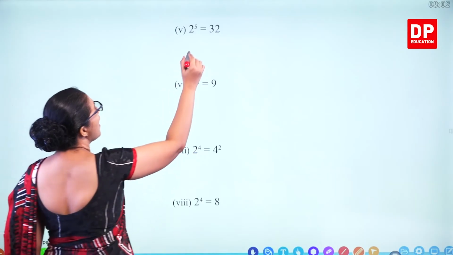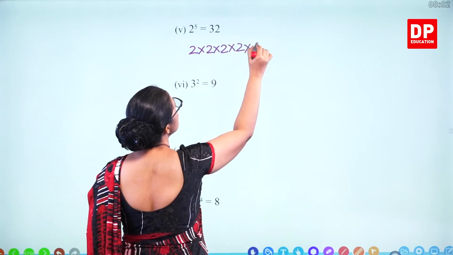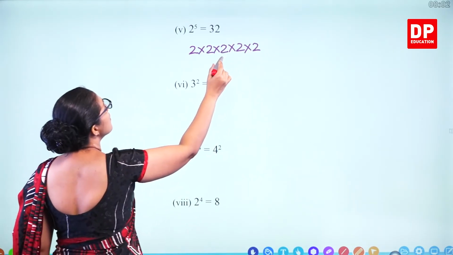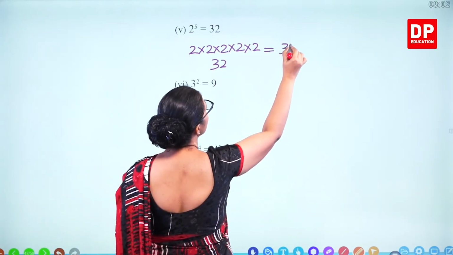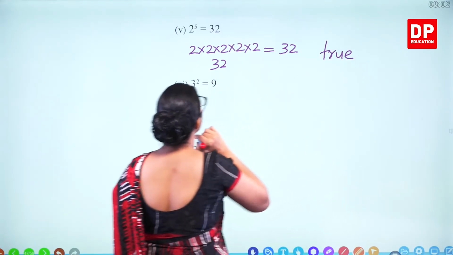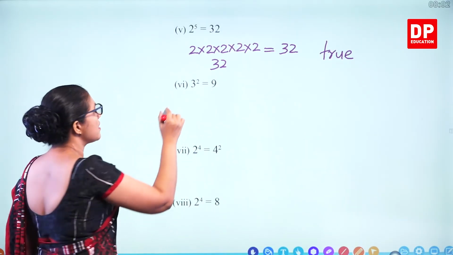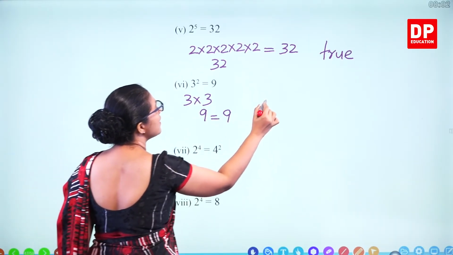2 to the power of 5. 2 times 2 times 2 times 2 times 2. You get 2 to the power of 5 is 32. That's true. 3 squared, 3 times 3, that's 9. So that's equal to 9.